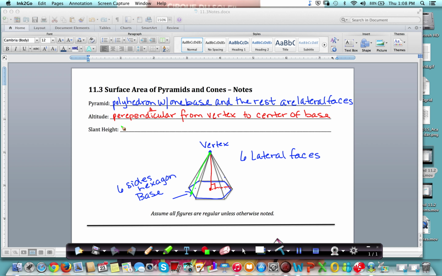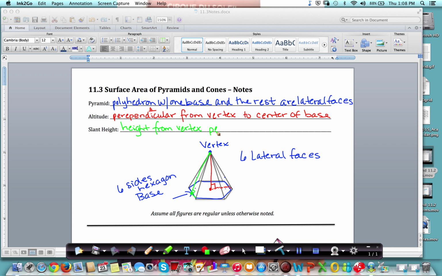So the slant height is the height from the vertex perpendicular to the edge of the base. So it still forms a right angle, but it forms a right angle with the edge of the base.